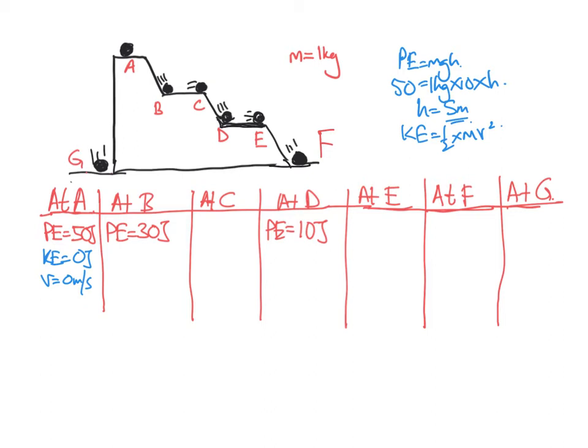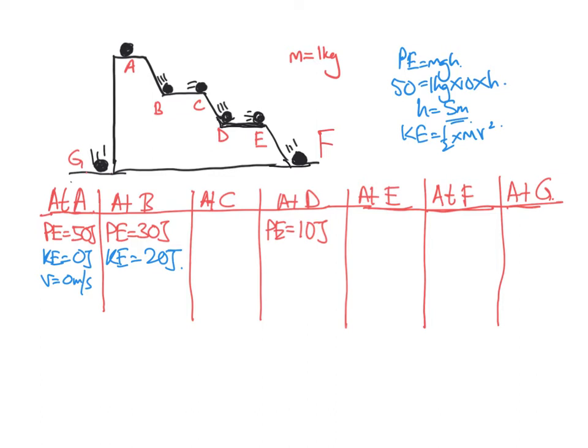So what is our KE? KE is 20. By the principle of conservation of energy, energy cannot be destroyed, it can only change from one form to another. If PE is 30, there should be KE because there's motion from A to B.